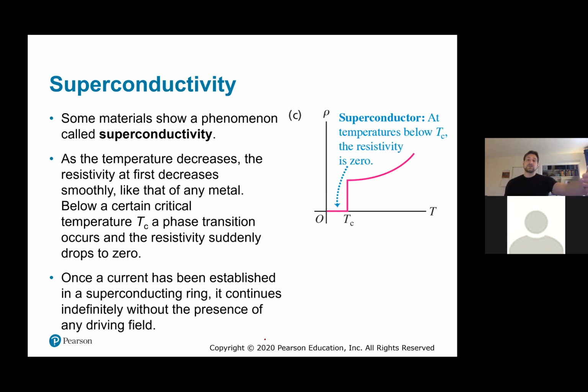Superconductivity is another step above, another step beyond. Some materials, and we are actively engaged in a search for more materials that evidence this phenomenon, we would like to push this temperature higher.